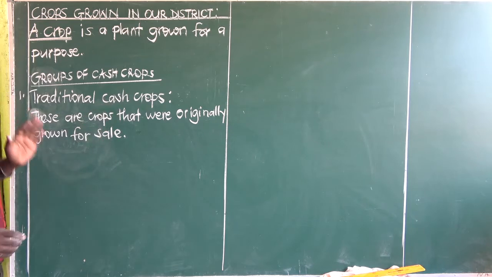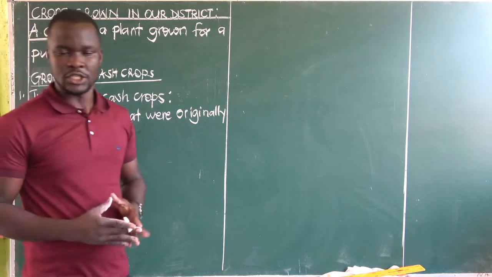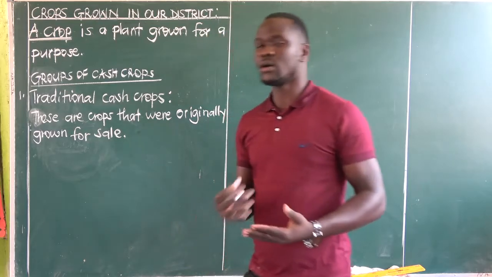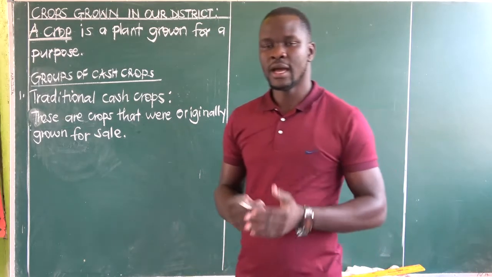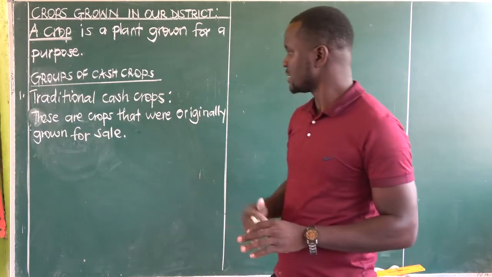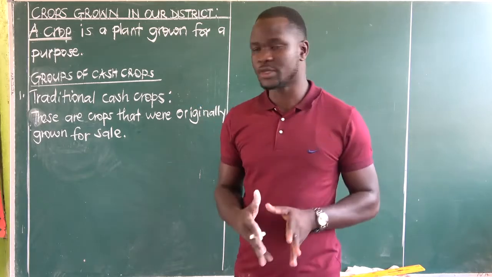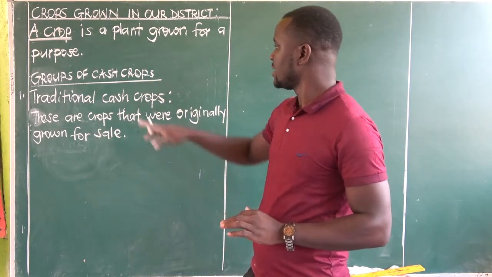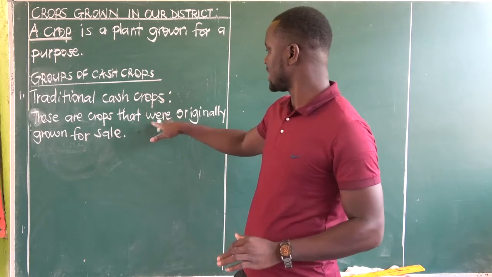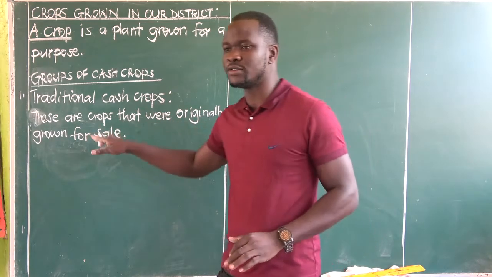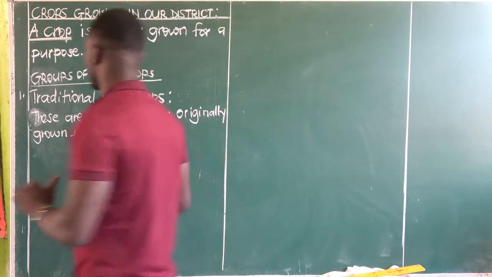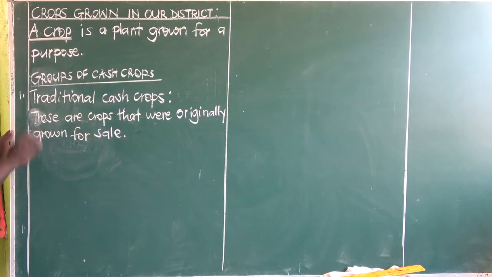That is how we are going to understand traditional cash crops. Remember, I've said all crops we have today are cash crops, in that they now fall under two groups. We have the traditional cash crops, which are the crops that were originally grown for sale, meaning at first they were grown for sale during those days.